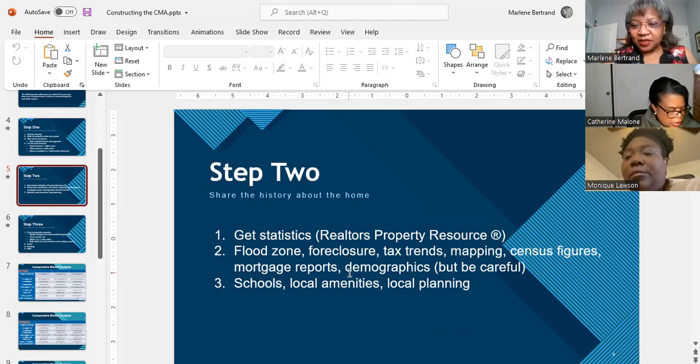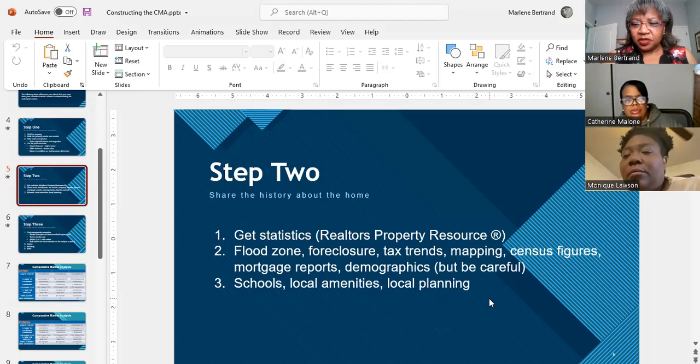You want to be able to talk intelligently about that property. You want to know that they're about to build a high rise and block that buyer's view 5 years from now. So you don't have to provide all this, but it's good for you to know.